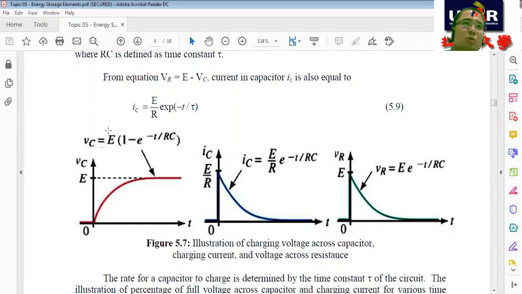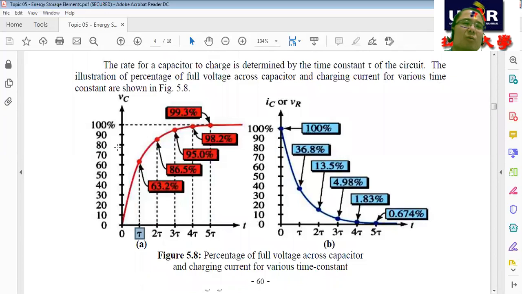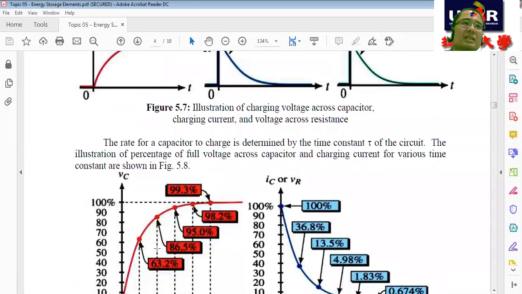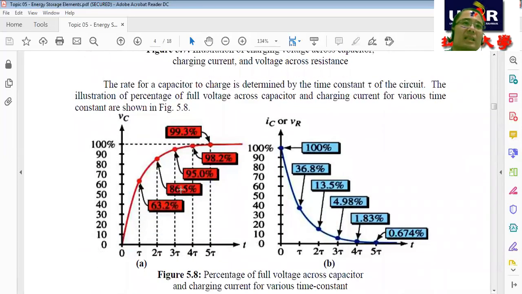For 1 tau, substitute into the equation, and the percentage is 63.2%. Then 2 tau substituted here is roughly 86.5%. Then 3 tau, 4 tau, 5 tau. After 5 tau, it becomes 99.3%.